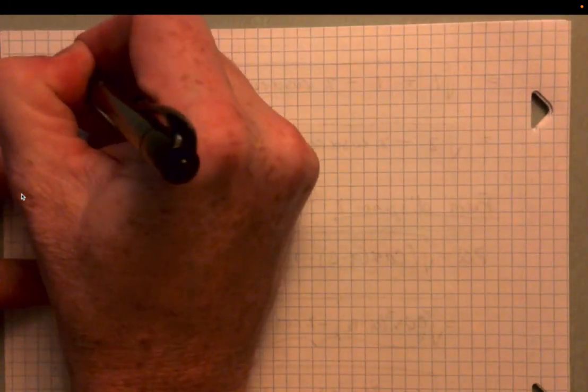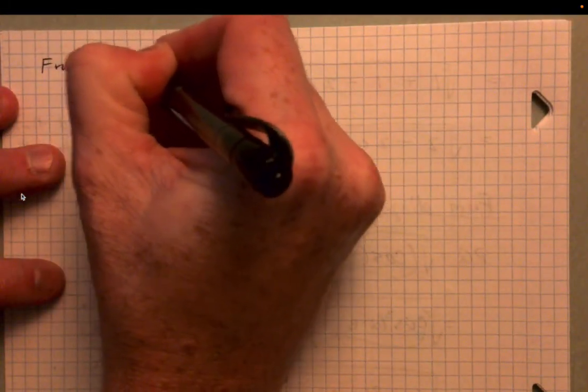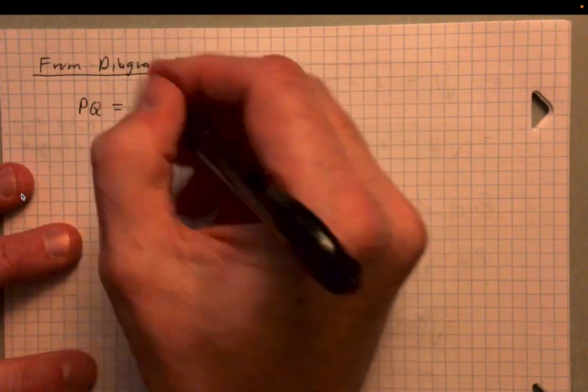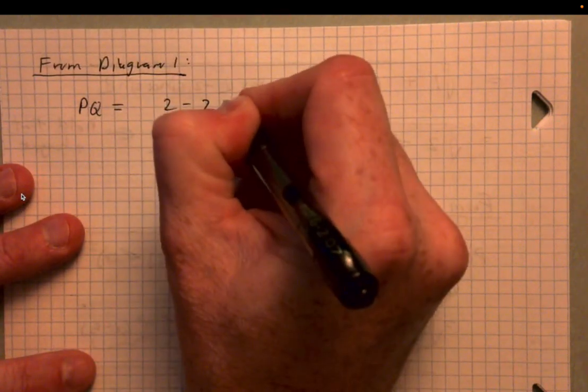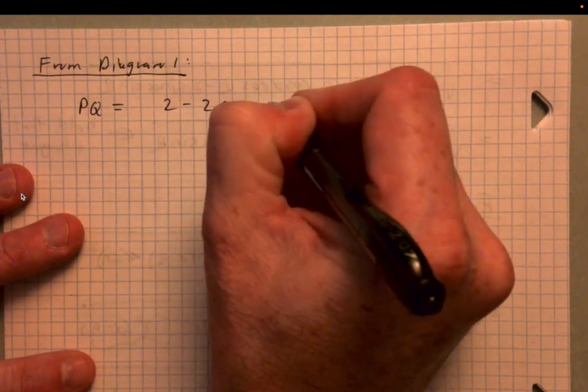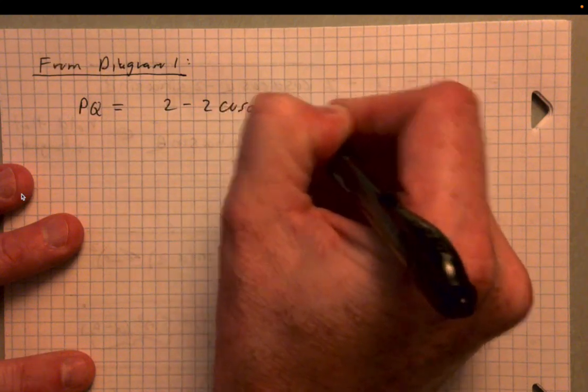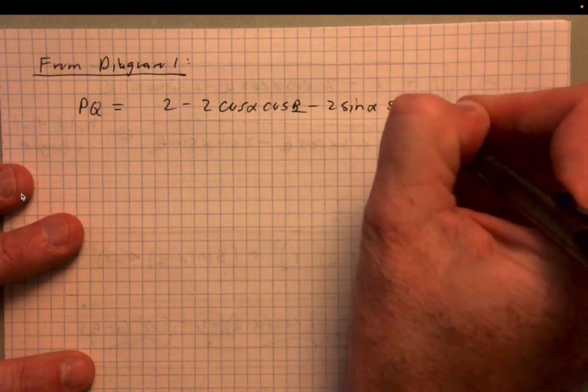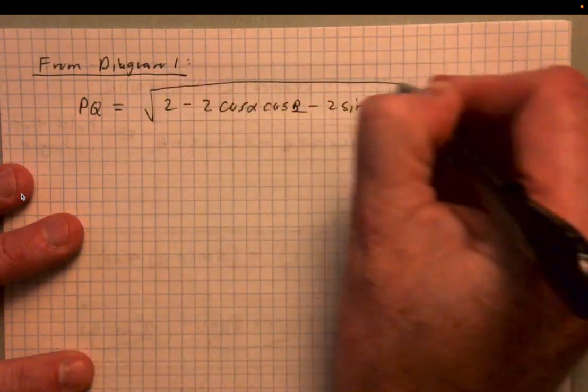Okay, so now we're going to bring these two together. Let's recap there just a second. From diagram 1, you'll have to look back in your notes to see what that looked like, but from diagram 1, I found that PQ was equal to 2 minus 2 cos alpha cos beta minus 2 sine alpha sine beta, right? And that's the square root.